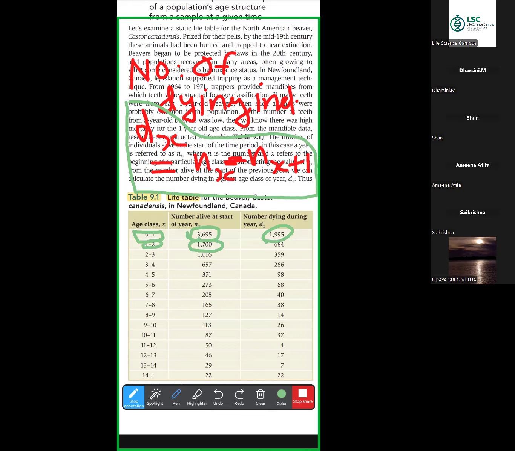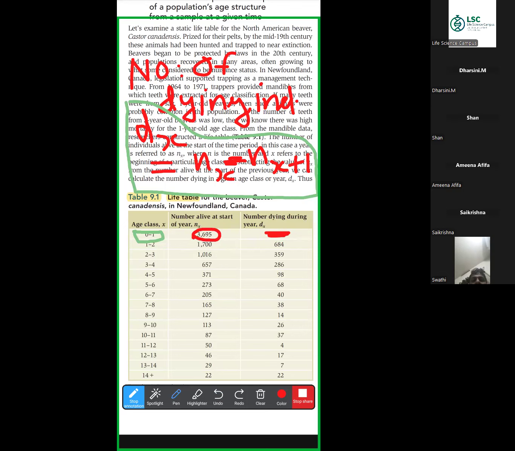So, if in the question this number of dying individuals is not given, you have to find it out. How can you find out that number? That is given by nx minus nx plus 1. This nx means number of individuals at the start of the population, that is, in this case, 3,695.